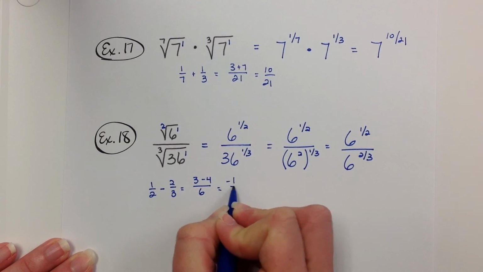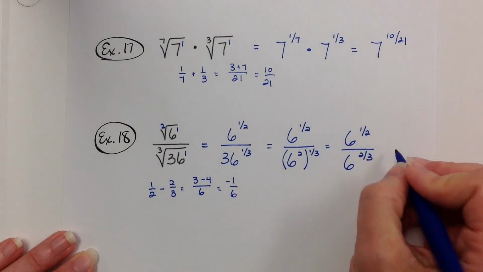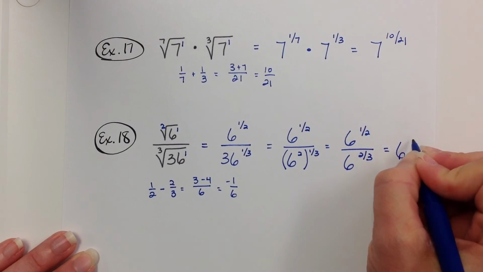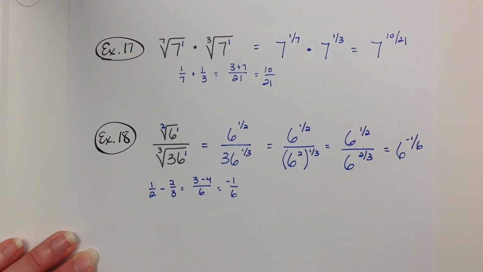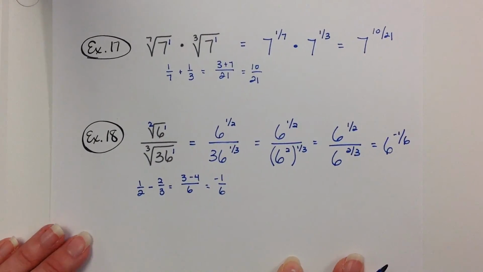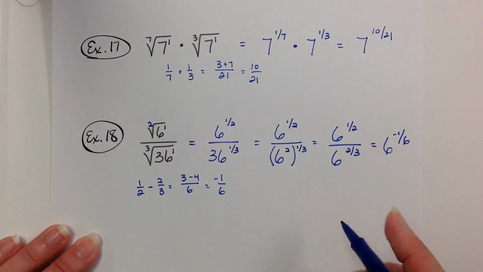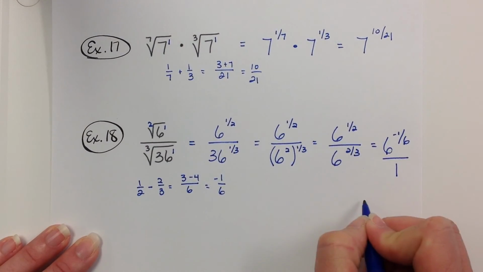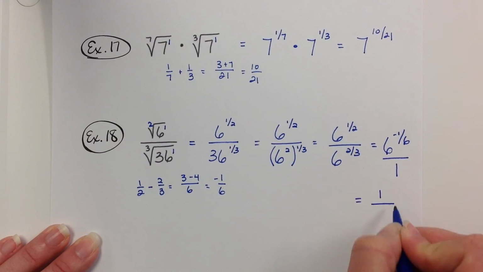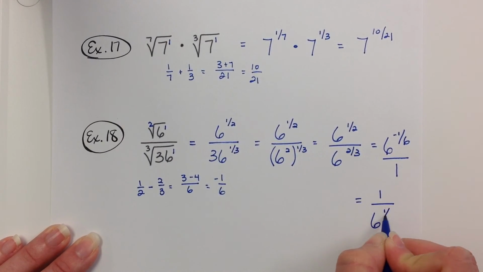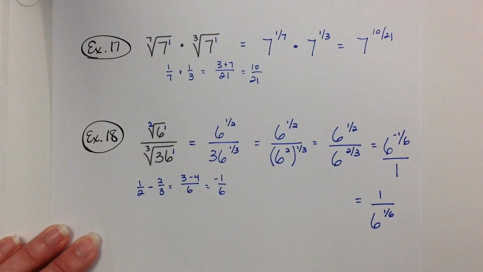So that's going to end up being negative 1/6. Okay, so we have 6 to the negative 1/6. But I can't leave that as my answer because of the negative exponent. That's understood to be over 1, so you're just going to move it to the denominator, so you have 6 to the 1/6 power. So there's your answer for that one.